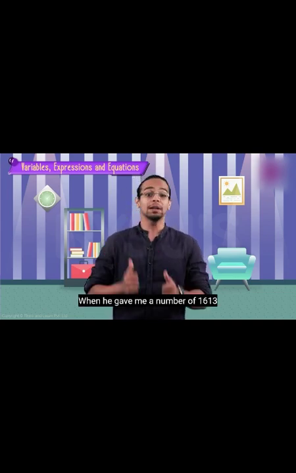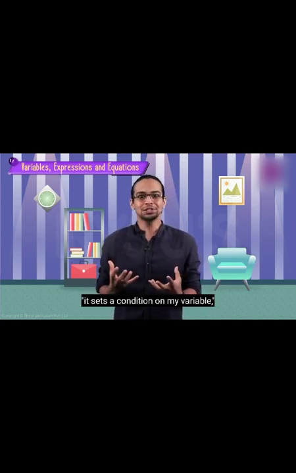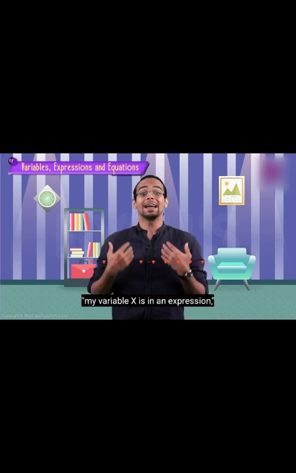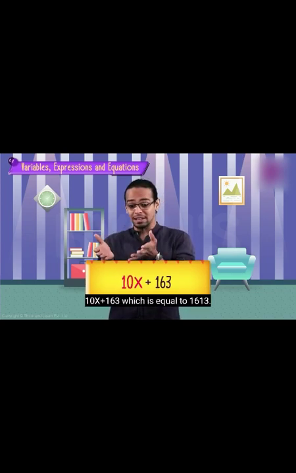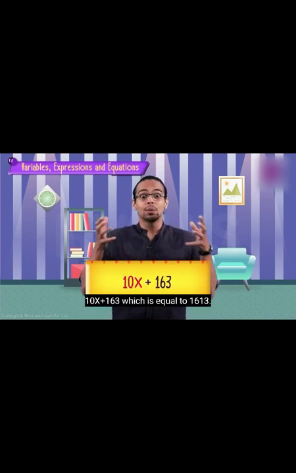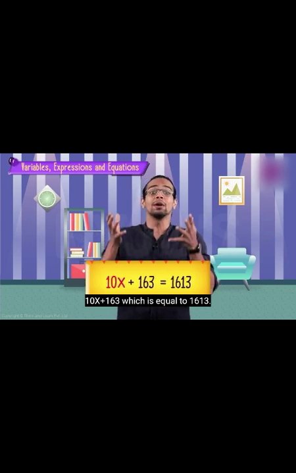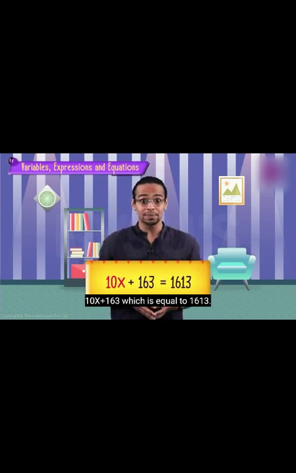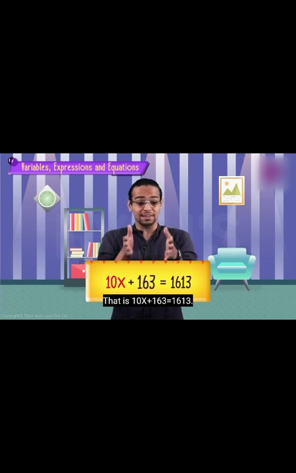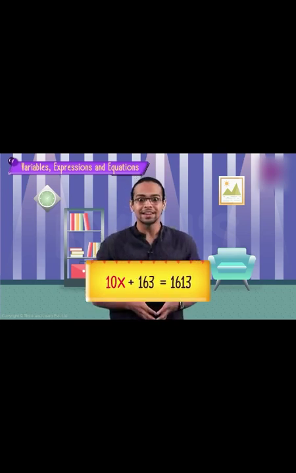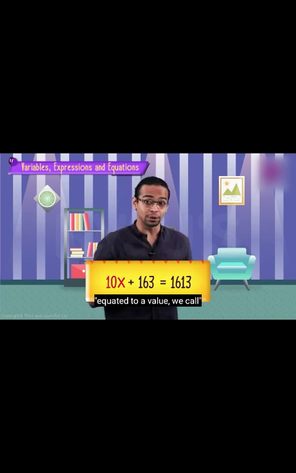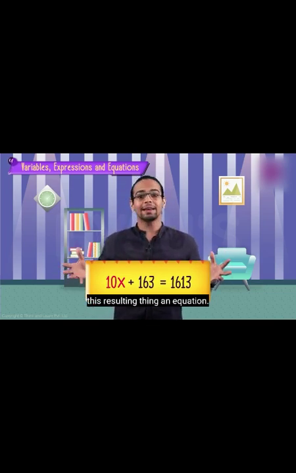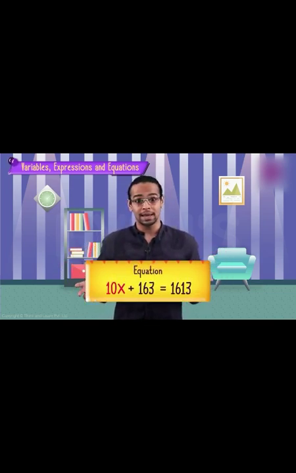When he gave me a number of 1613, it sets a condition on my variable. My variable x is in an expression 10x plus 163, which is equal to 1613. Now, when an expression like this is equated to a value, we call this resulting thing an equation.